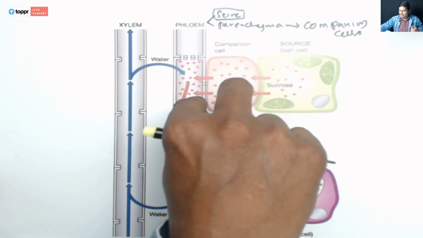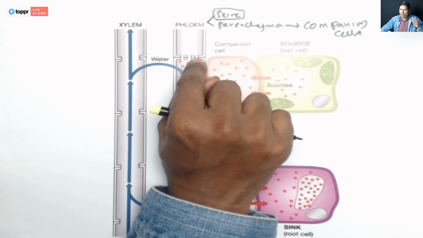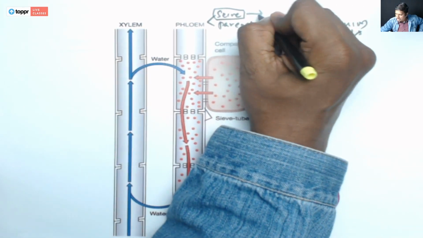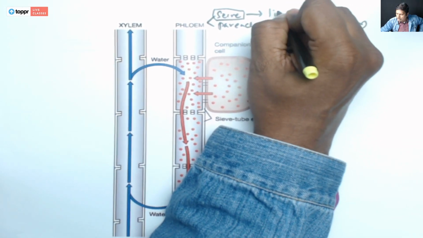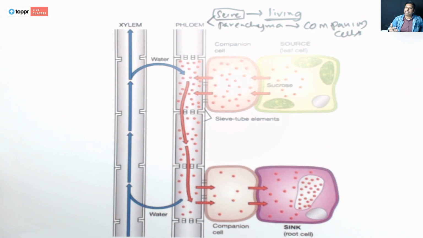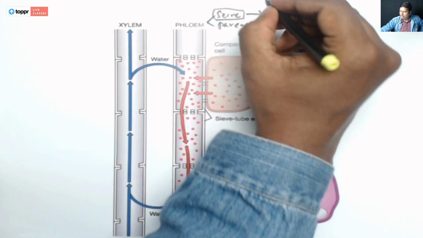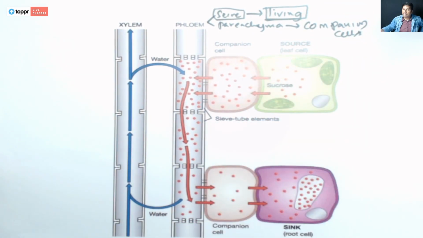The sieve tubes are connected by sieve plates, and these plates are porous. One important difference between xylem elements and phloem components is that sieve tube cells are living cells. They are not dead cells like the tracheids or the vessels of the xylem. These are living cells.